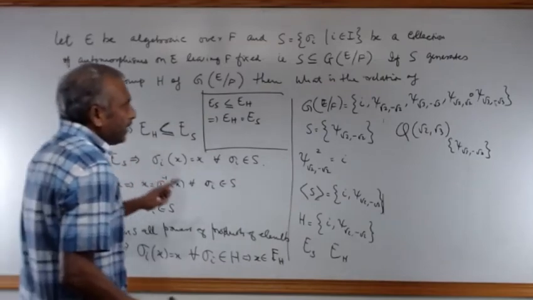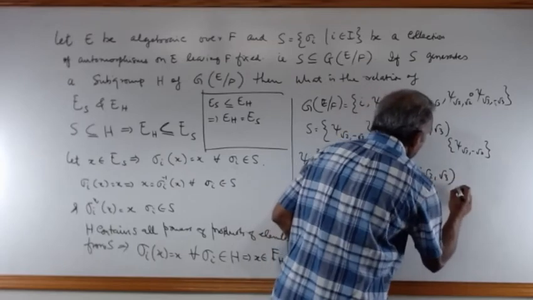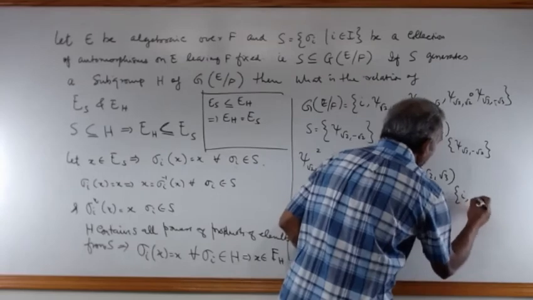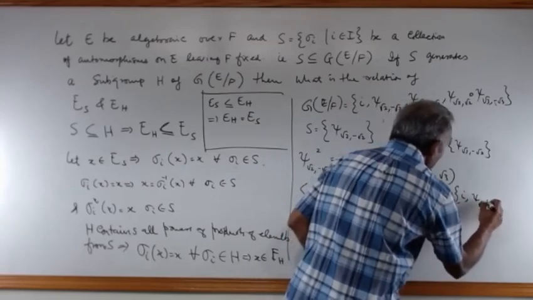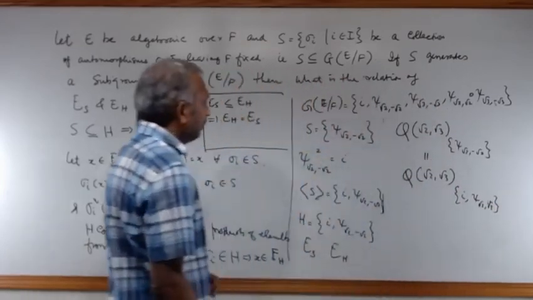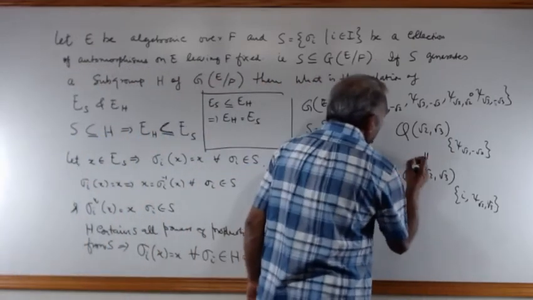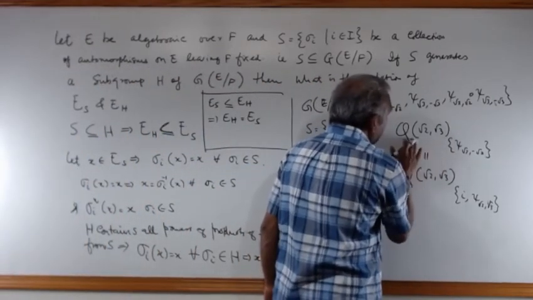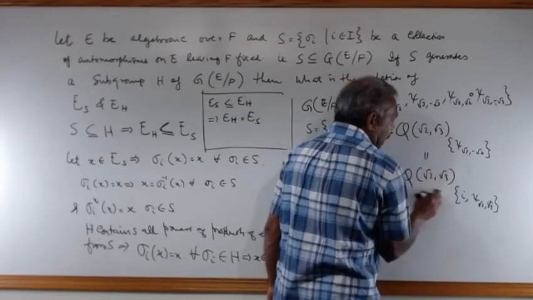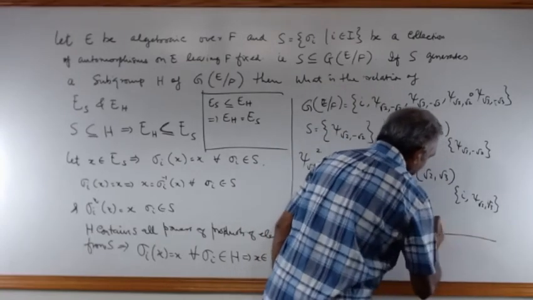And what is E_H? It is the fixed field in Q(root 2, root 3) of H, which is {I, psi of root 2 comma minus root 2}. These are equal. We can compute the elements of Q(root 2, root 3) fixed on each side and we will see that they are equal. I'm not going to do it here. Do it as an exercise.